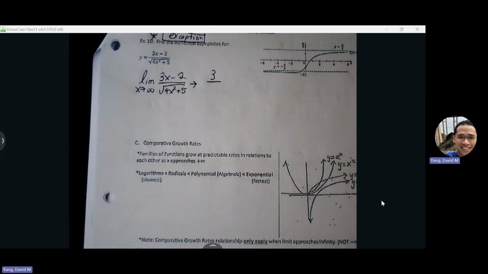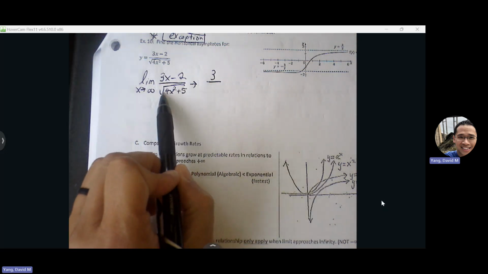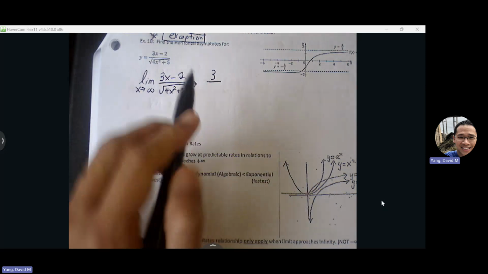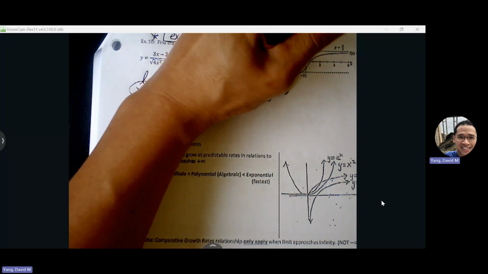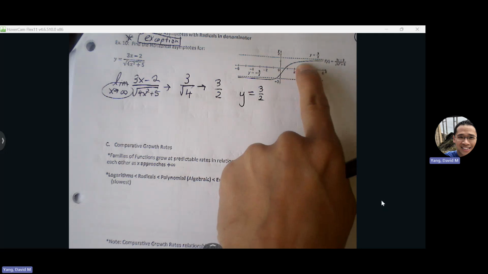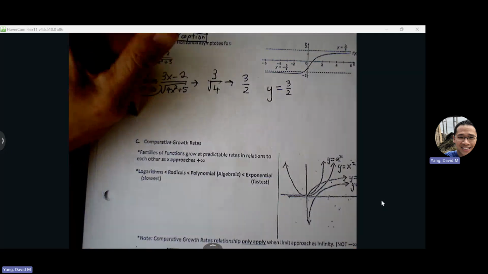What's the coefficient of the denominator? 2. It's 2. The square root of x squared makes it go down to x. Root 4 becomes 2. So we actually have 3/2. And so we have a horizontal asymptote. If we're headed to the right, we have a horizontal asymptote at y equals 3/2. And this is what the graph looks like. It's kind of flattening out around 3/2.